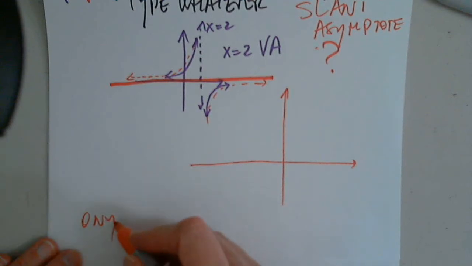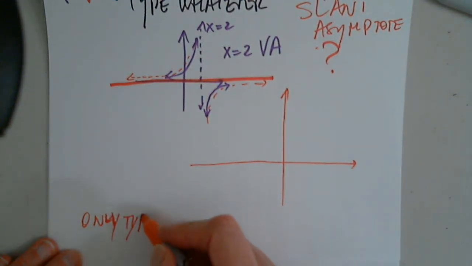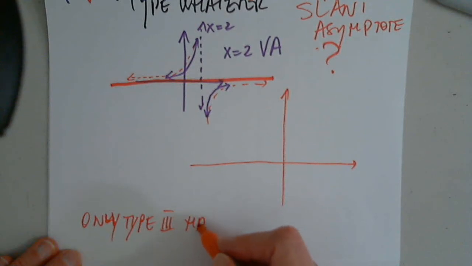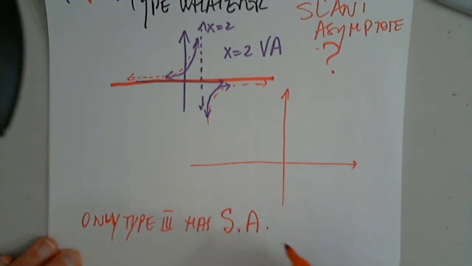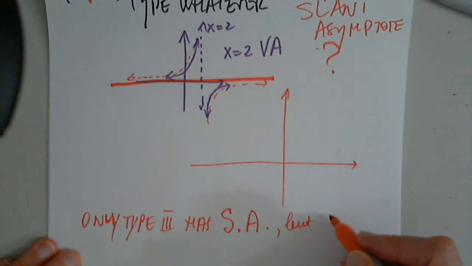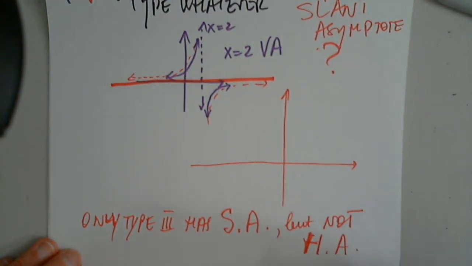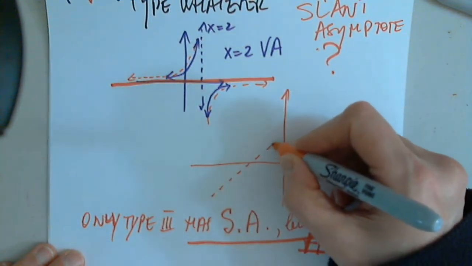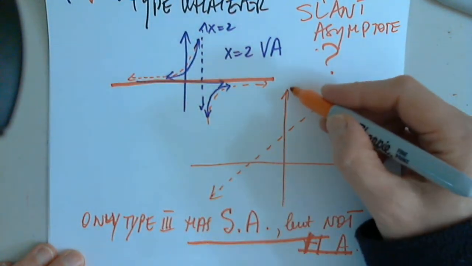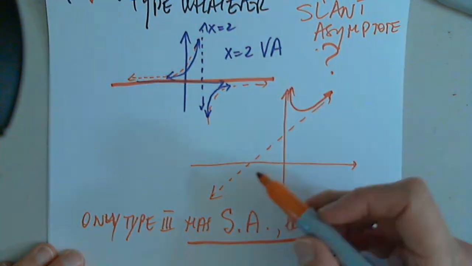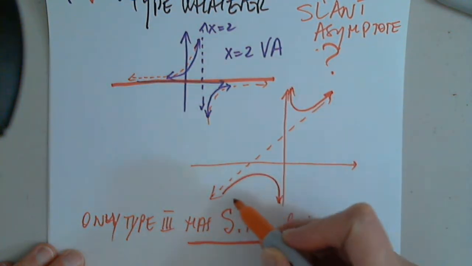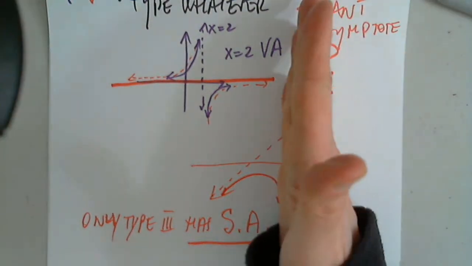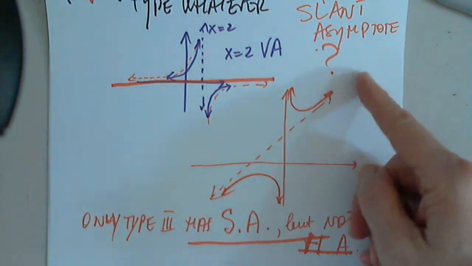Only type 3 has slant asymptote, but not horizontal. Okay? It cannot have both. So how will a slant asymptote look? Something like this. Now let's say here's the function. Vertical asymptote, slant asymptote.